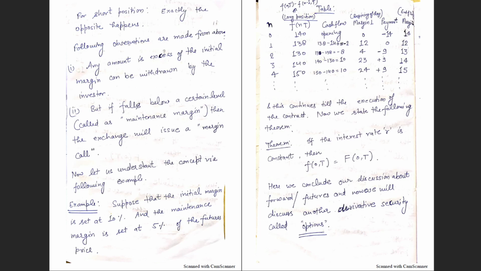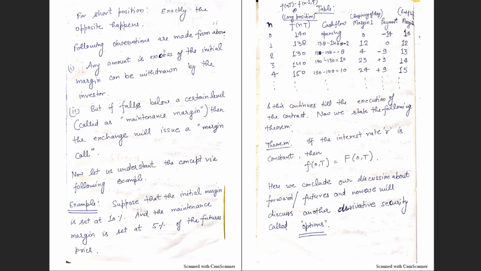So if you come to n equals 1, this is 138. For a long position you have to subtract F_n(T) minus F_{n-1}(T), so the latter one minus the previous one. It is minus 2, and it is negative. If it is negative, you have to pay.